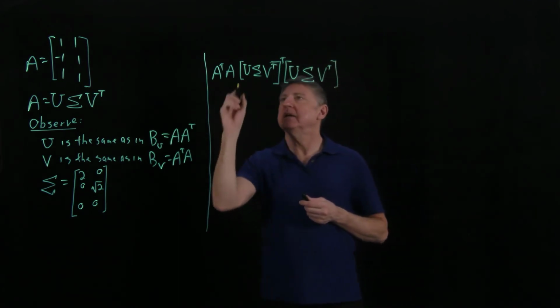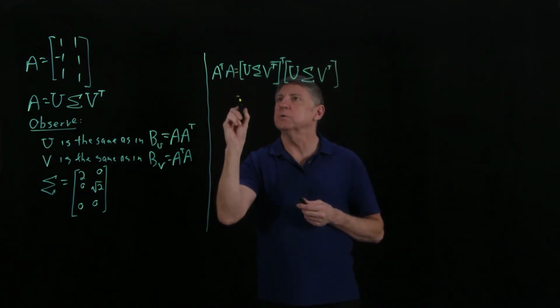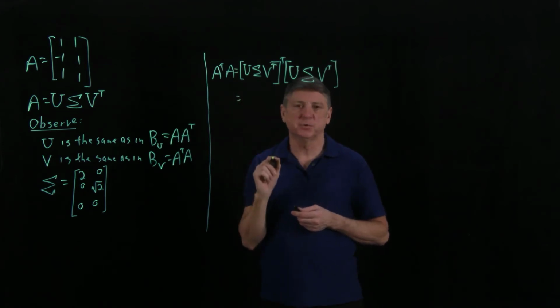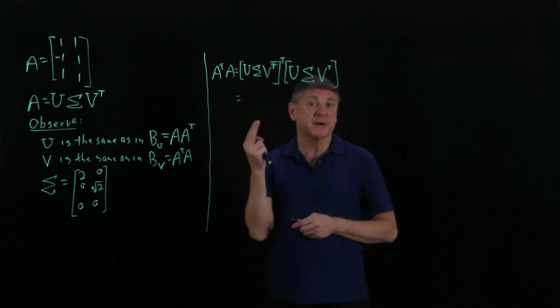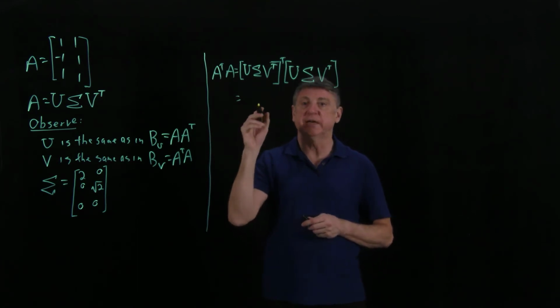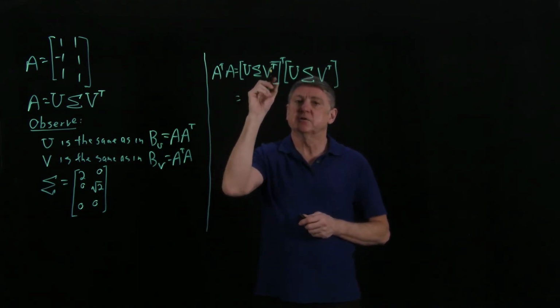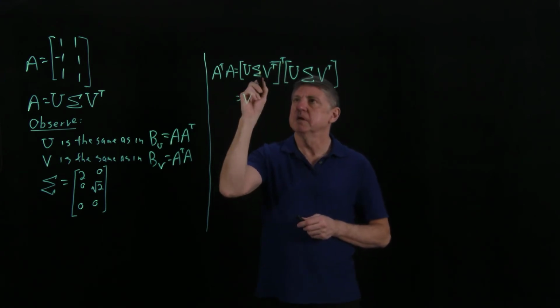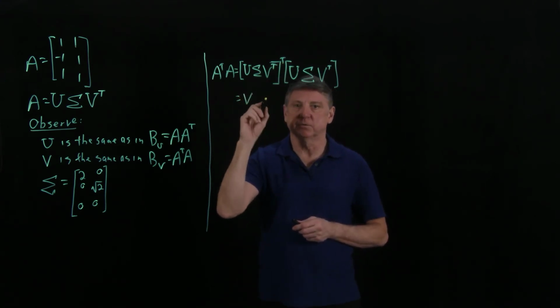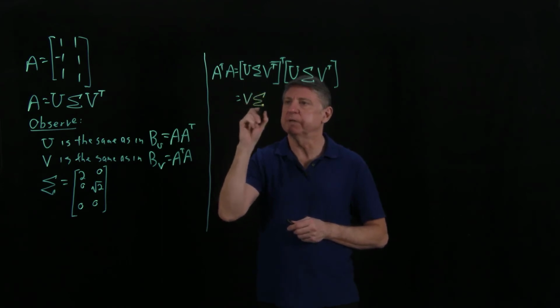When I apply the transpose rule, we reverse the order of things and transpose each entry. So V transpose transposed is V. Sigma transpose we'll write as sigma transpose.